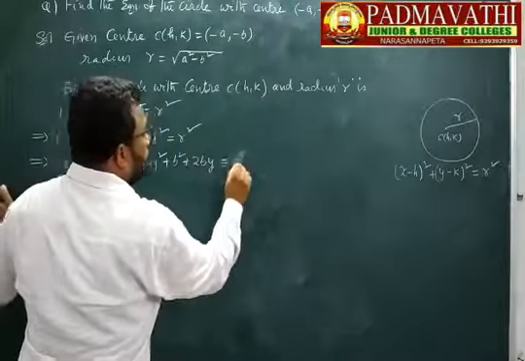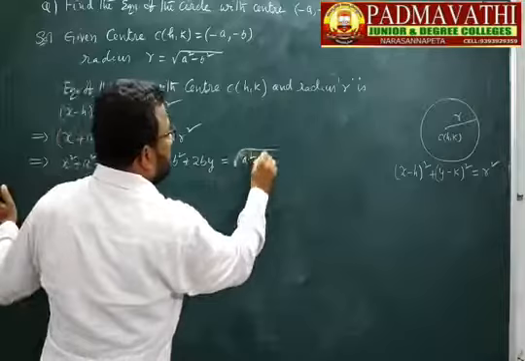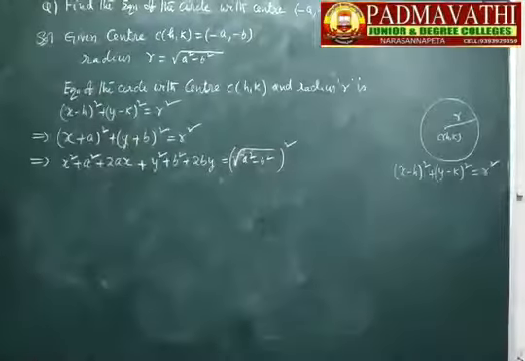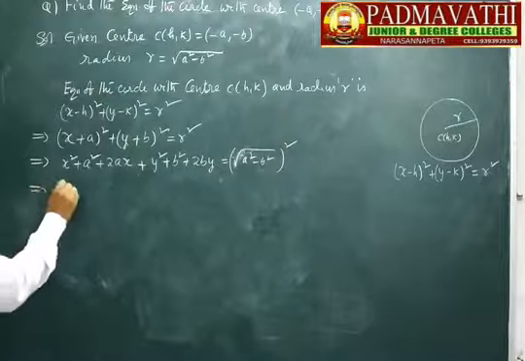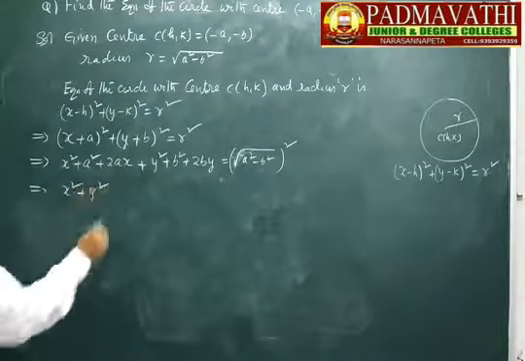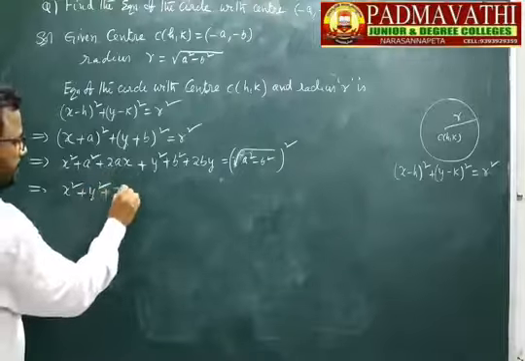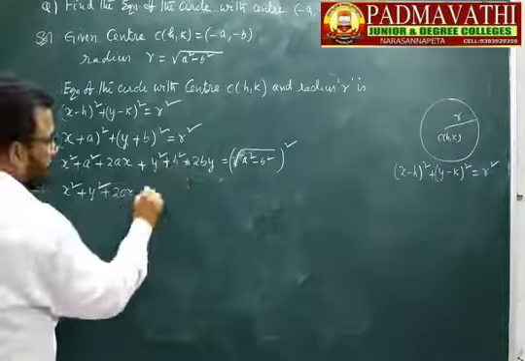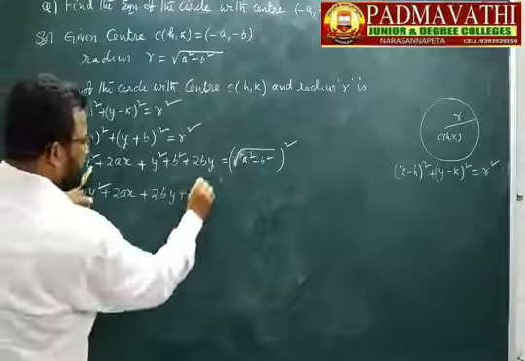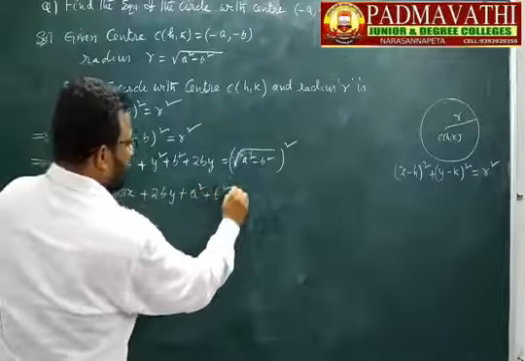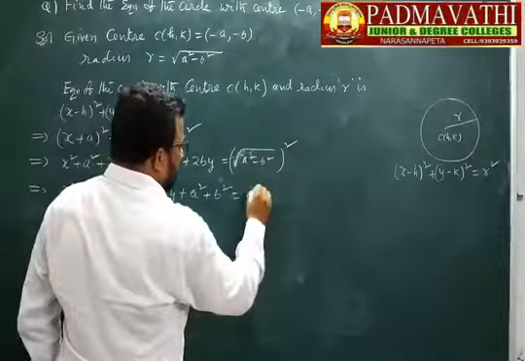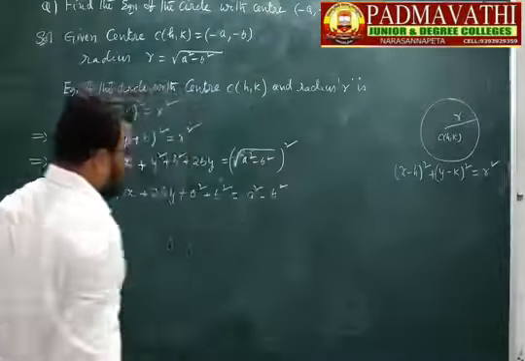Substituting, root of a square minus b square whole square, that implies x square plus y square plus 2ax plus 2by plus a square plus b square is equal to the square and root cancel, a square minus b square.